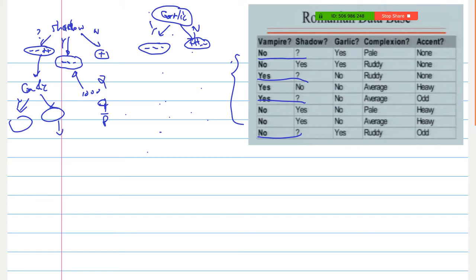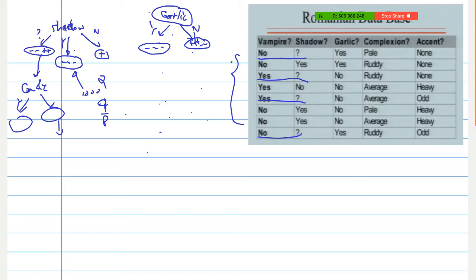Yes, for this one, for example, you can say okay, this one I can completely identify as a vampire, so out of 8 of them I can completely separate vampires and non-vampires. But if you have lots of data, then in each of these outcome sets there would be a mix of vampires and non-vampires.